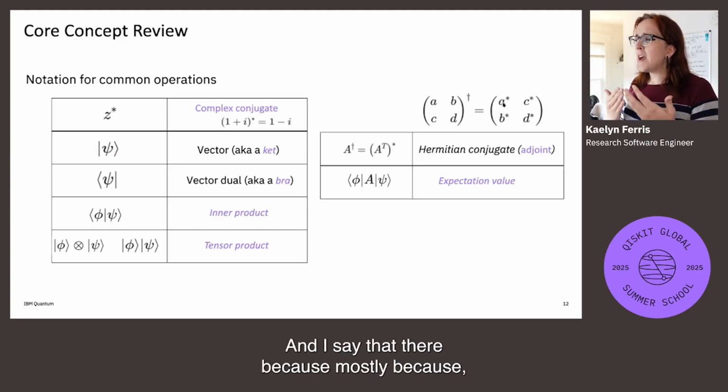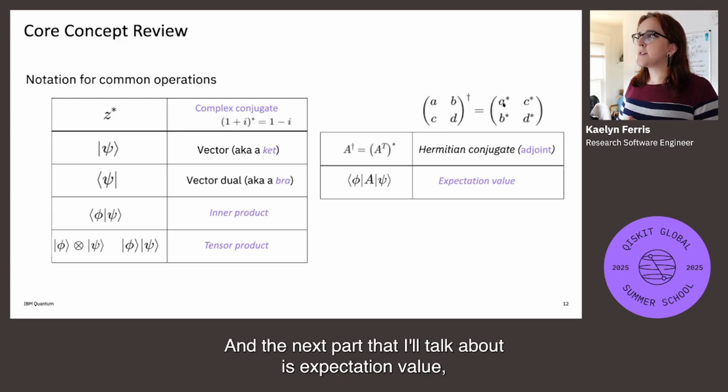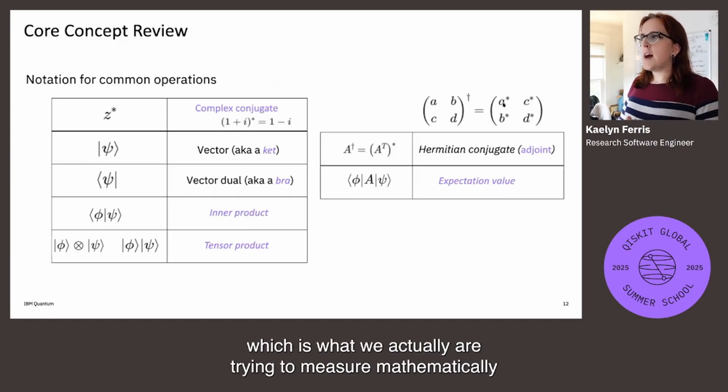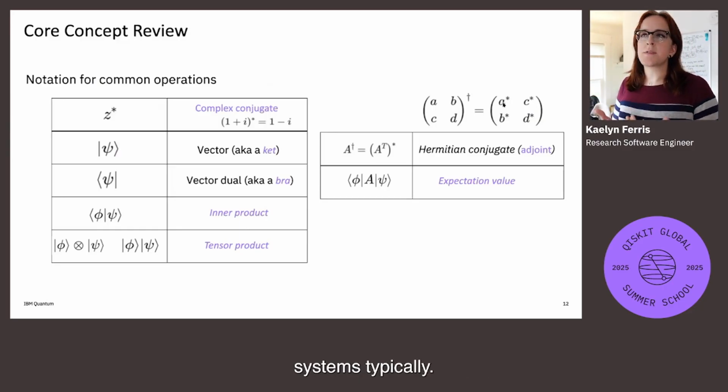And I say that mostly because Hamiltonian operators need to be this thing called Hermitian. And the next part that I'll talk about is the expectation value, which is what we actually are trying to measure mathematically when we try to characterize or understand quantum systems, typically.